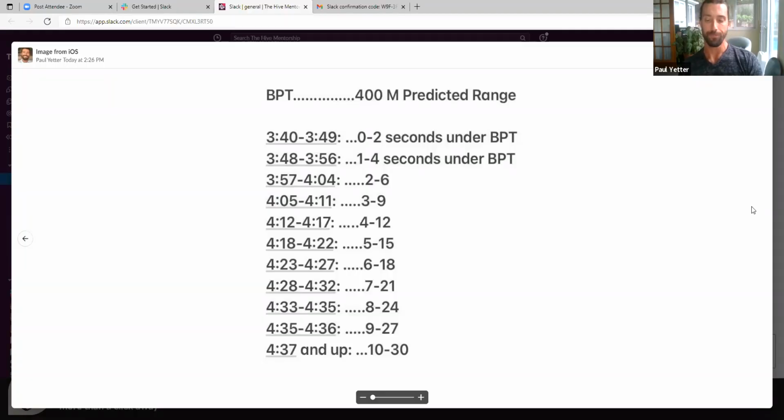Just like Jake Mitchell. And then you've got Andrew Abruzzo, another example. You add his up, he's a BPT of 353.6, and his lifetime best, his time at trials, was a 351. So you go right in the second range there for him, 353 minus 1.4, and he's right in that range.